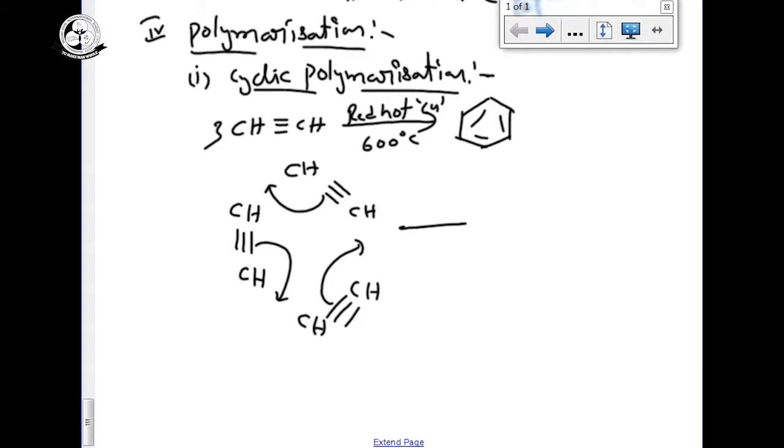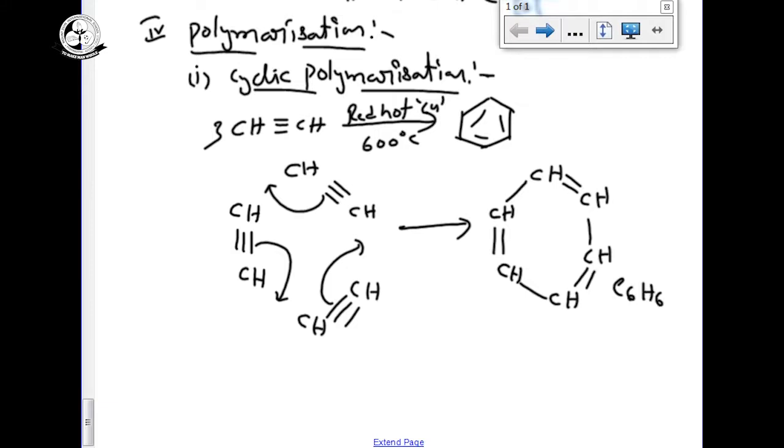See carefully what the cyclic polymerization is. There is a new bond formed. Here there is a CH and here there is a CH. New bond is formed. Triple bond becomes double bond. CH. Single bond CH. Triple bond becomes double bond. So this is nothing but C6H6, that is our benzene.